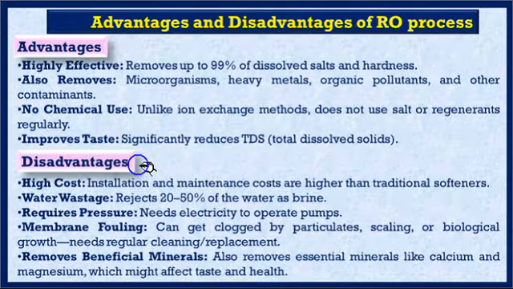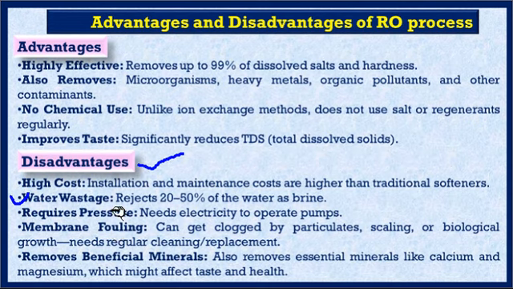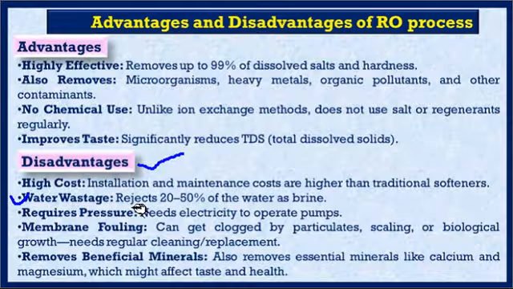Now, it also has some disadvantages. First, the cost is high. The installation and maintenance costs are higher than the traditional softeners. Second, wastage of water. The rejected water, that means salty water which is rejected through the drain, is 20 to 50%.